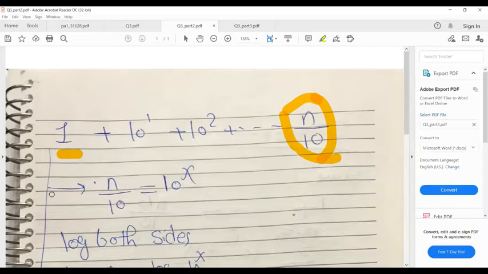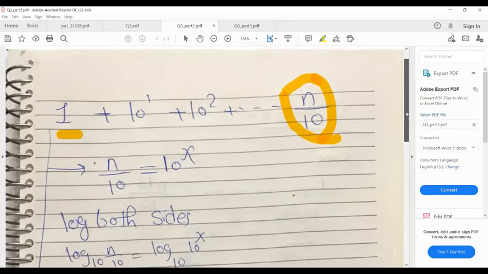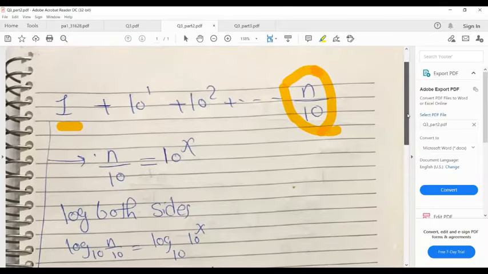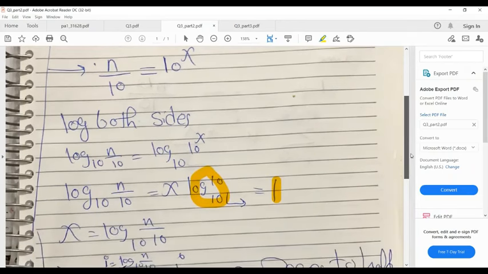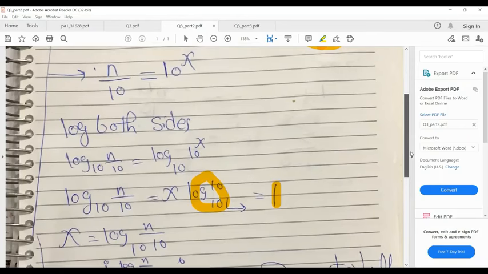So I wrote it down: n over 10 equals 10 power x. We need to take the log of both sides to the base 10. Log base 10 of n over 10 equals log base 10 of 10 power x. This x will fall down, so it will be log base 10 of n over 10 equals x log base 10 of 10. This one is equivalent to 1. Therefore, x is equivalent to log base 10 of n over 10.